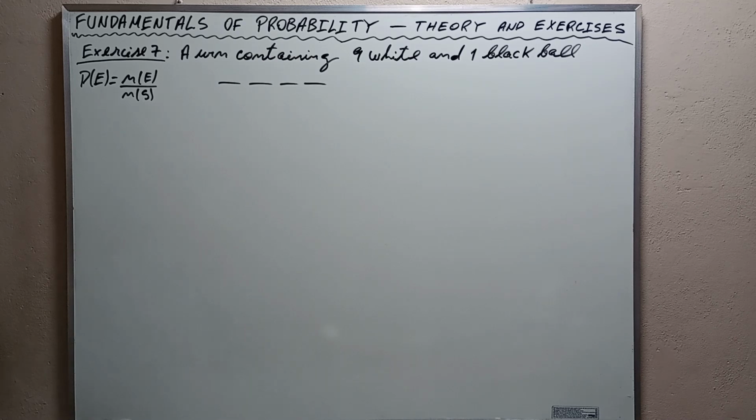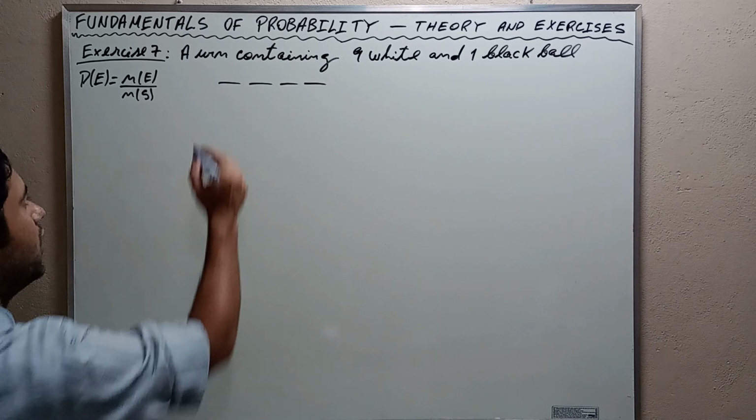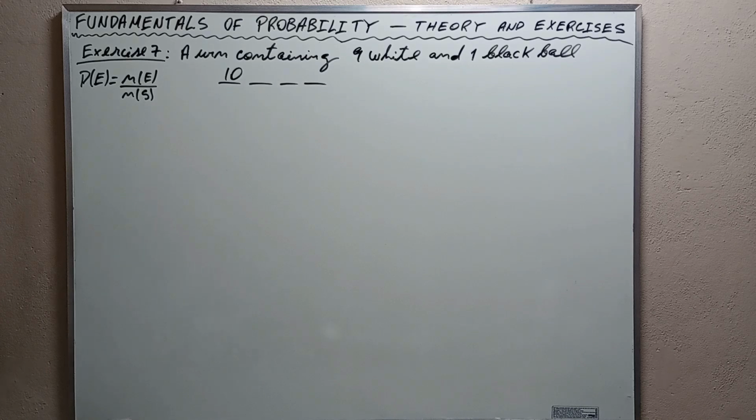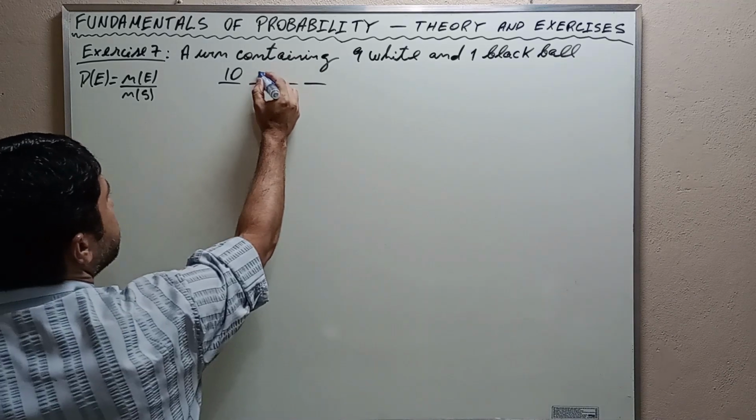For the first selection, we have 10 possibilities, and the exercise said that there shall be no replacement. If we are not replacing the balls, for the second selection we are going to have only 9 balls.